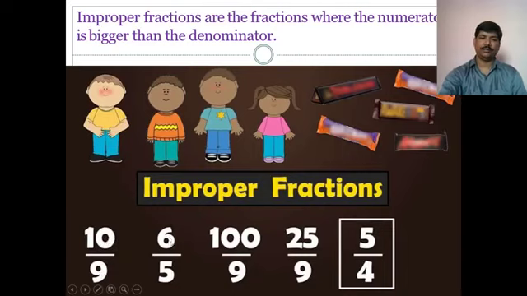Here numerator 6, denominator 5. Here numerator 100, denominator 9. So in all these fractions, we observe that each fraction's numerator is greater than the denominator. So all these are improper fractions.